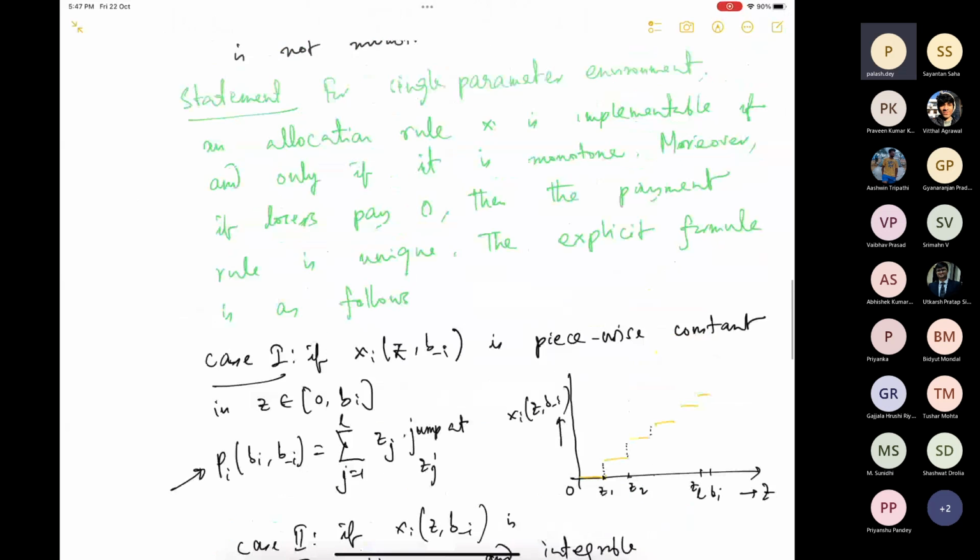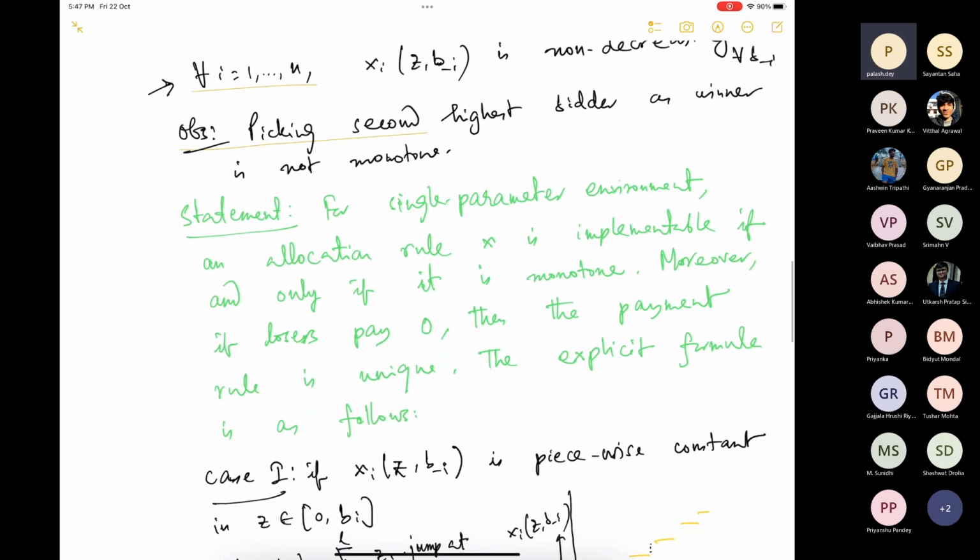So here is Myerson's lemma for you. I don't know, so I can't help.